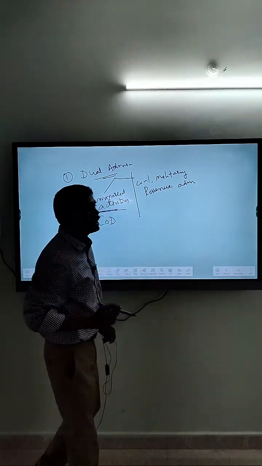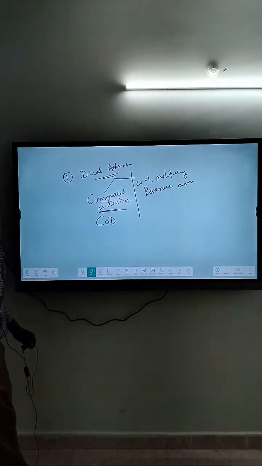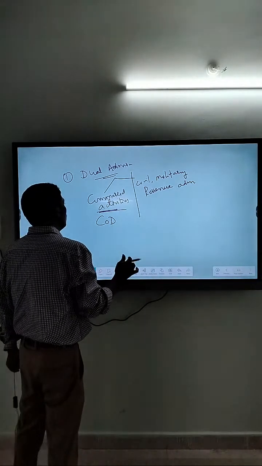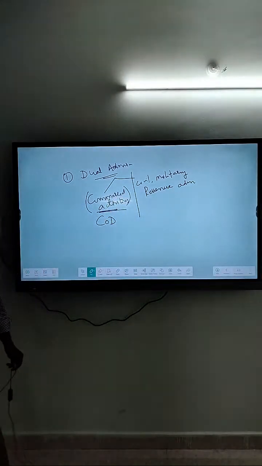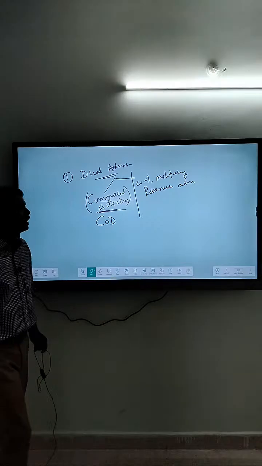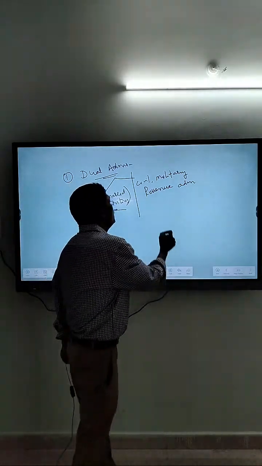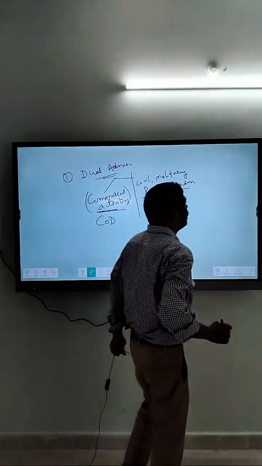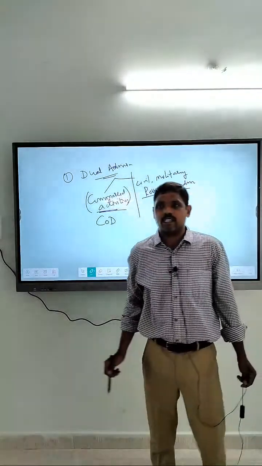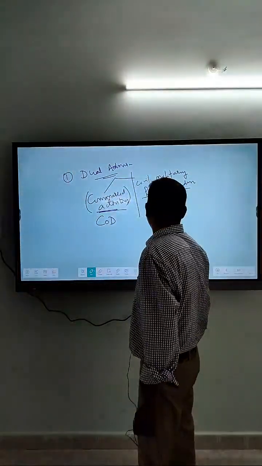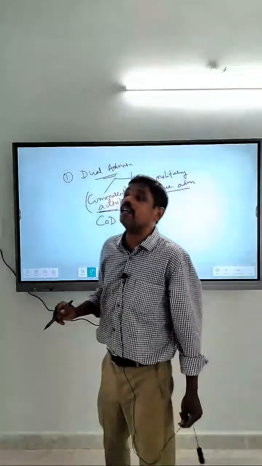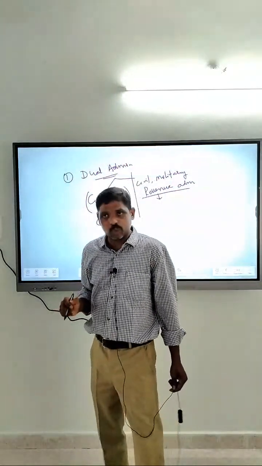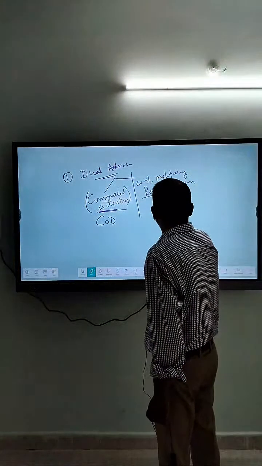The Court of Directors were made responsible only for commercial activities, whereas civil, military and revenue administration was given to a newly constituted institution called the Board of Control.